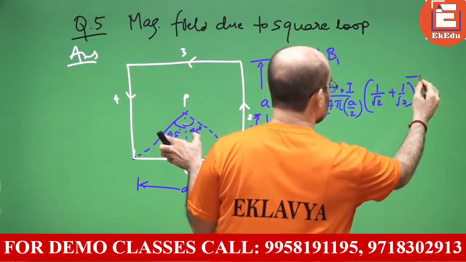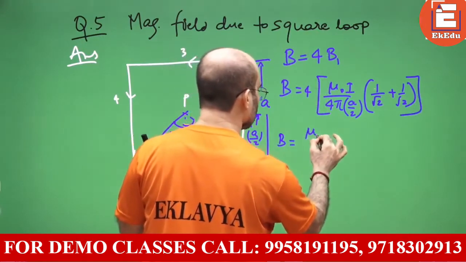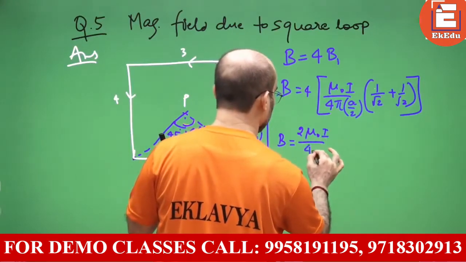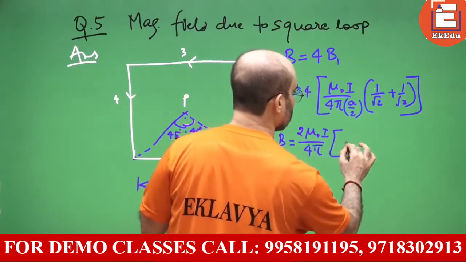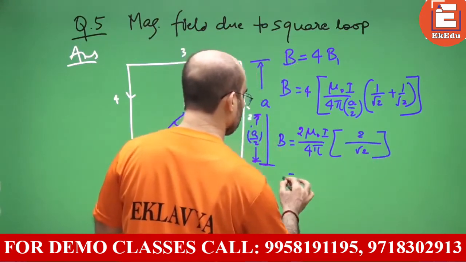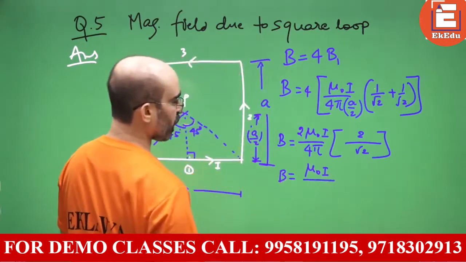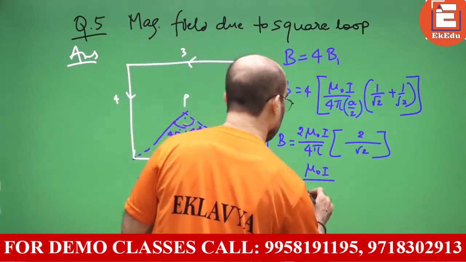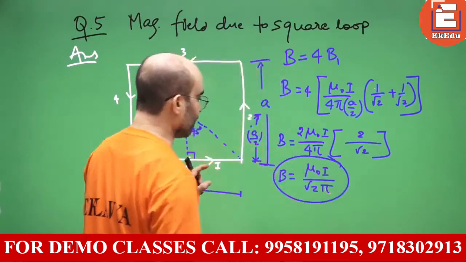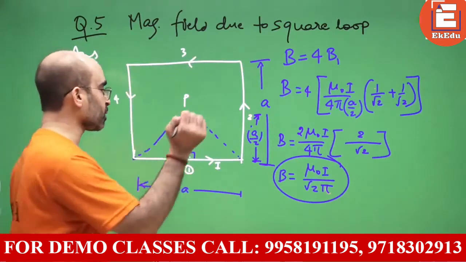So B equals 2 mu naught I by 4 pi, with root 2 here and 2 there, and finally B equals mu naught I by root 2 pi. This is the magnetic field due to the square loop at the center.